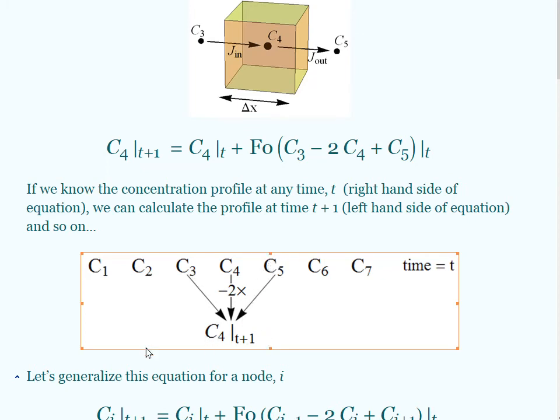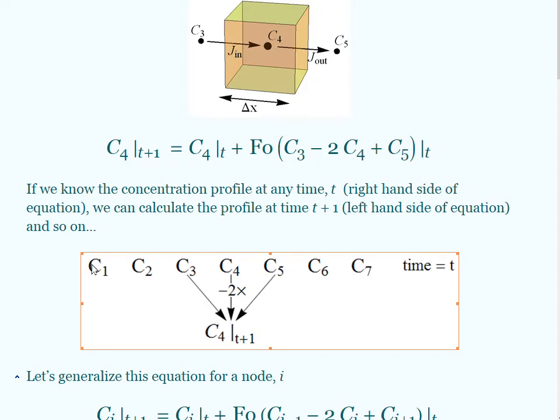And that will give us our new value for C4. So there it is. If I'm given the initial values of these, I can simply calculate what they're going to be in the next time.